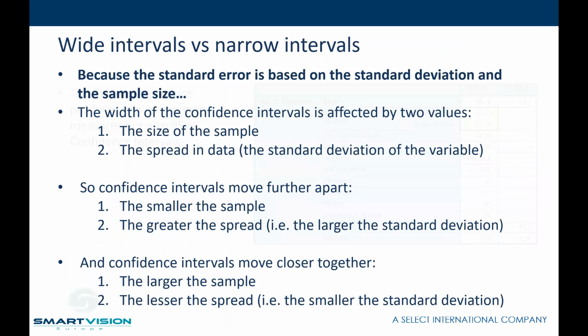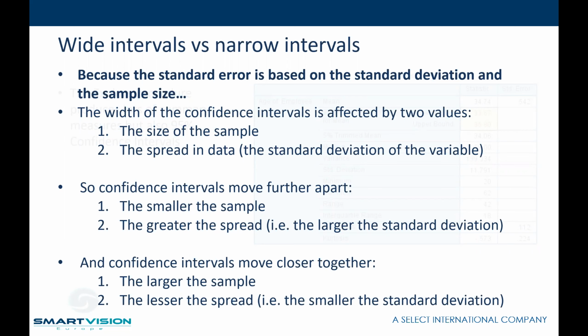And why is that useful? Well, wide intervals versus narrow intervals. First of all, the standard error is based on the standard deviation and the sample size. So the width of the confidence intervals is therefore affected by 2 values: the size of the sample, and the spread in the data, the standard deviation of the variable. So confidence intervals start to move apart, they get less confident, if you like, when you're dealing with a very small sample, or a lot of spread, a lot of variation in your sample.